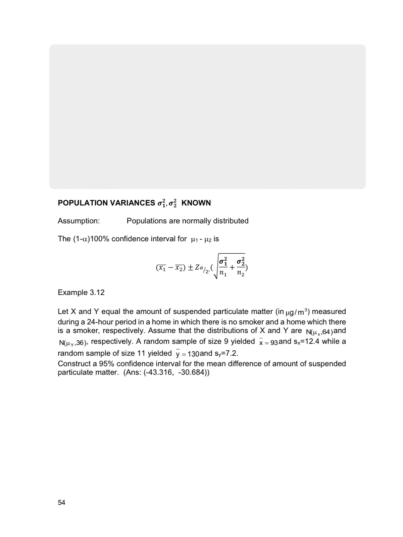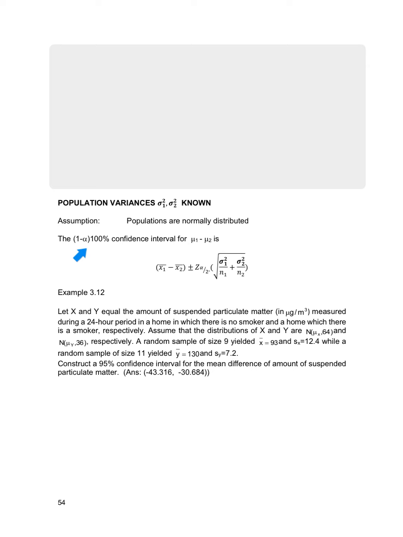Okay, let's continue on case number 1. We have population variance known. So what are the assumptions? The assumption is that the populations are normally distributed.